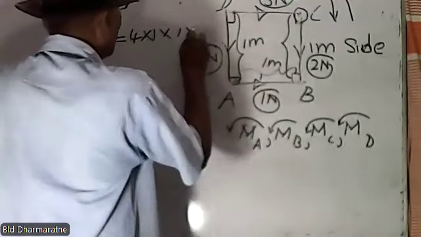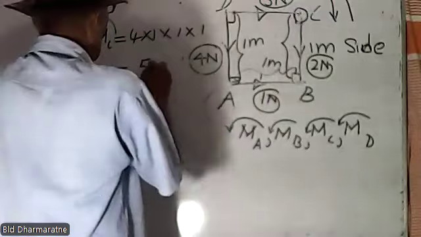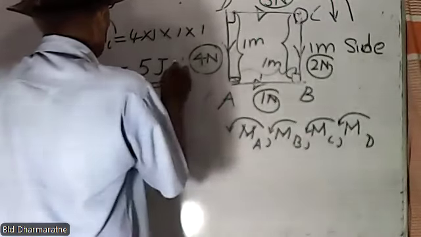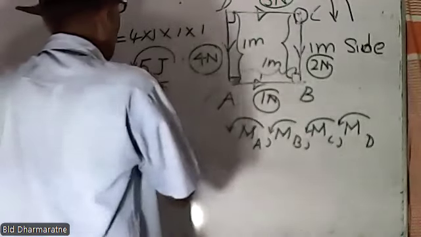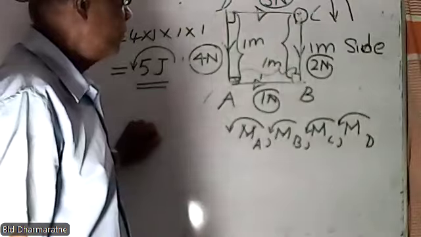After simplifying, 5 joule is the answer. This is the resultant moment in the anti-clockwise direction. Right?